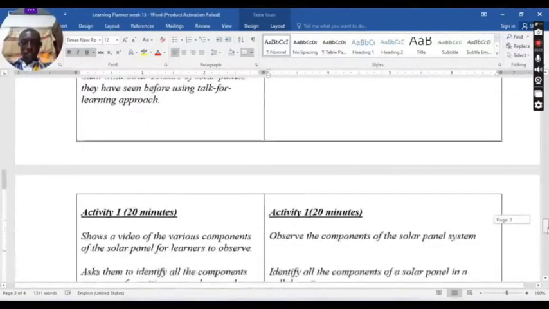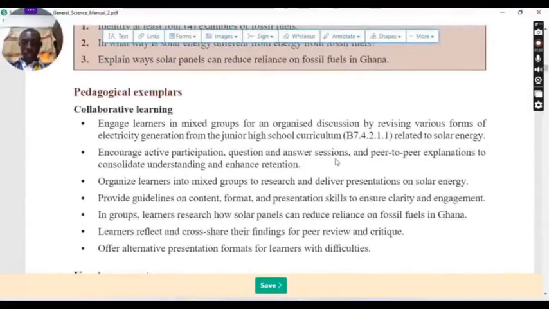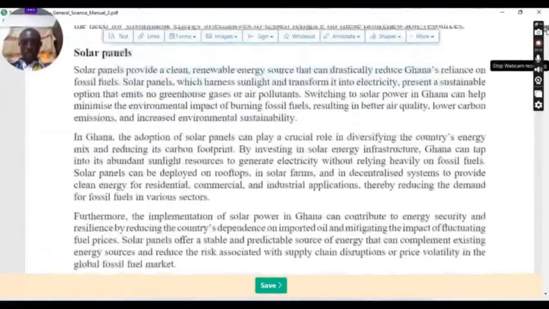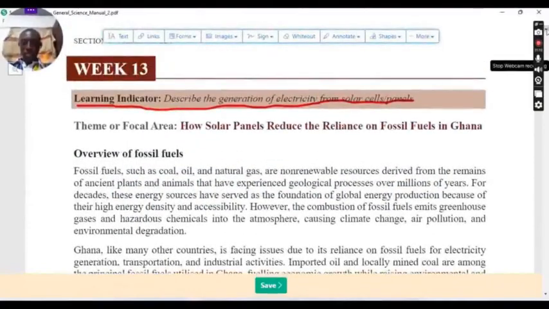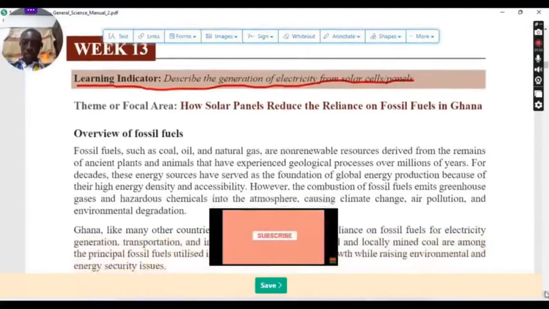So how did I know that I have to split them into 2 like that? By reading the TM. The LI is talking about the generation of electricity, let me go back to the LI again. It is you who have to read the TM and know how to split it into lesson 1 and lesson 2. Now this is the topic, the LI: describe the generation of electricity from solar panels.